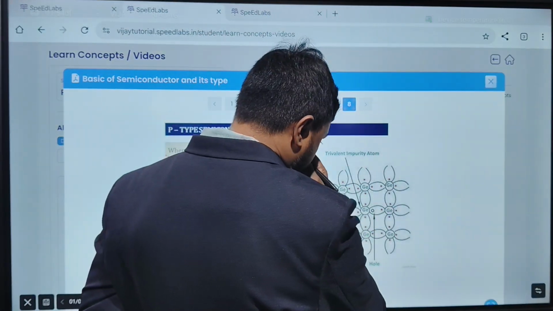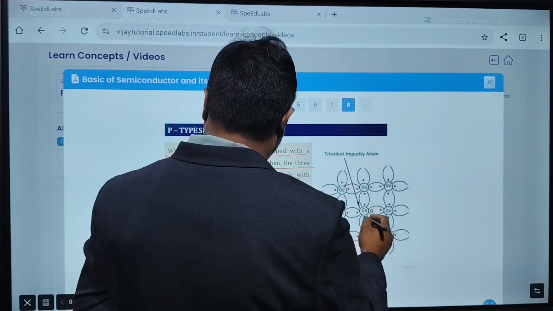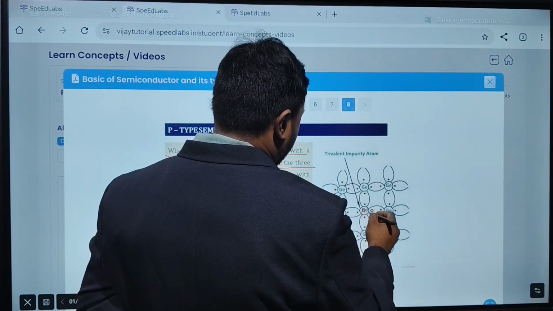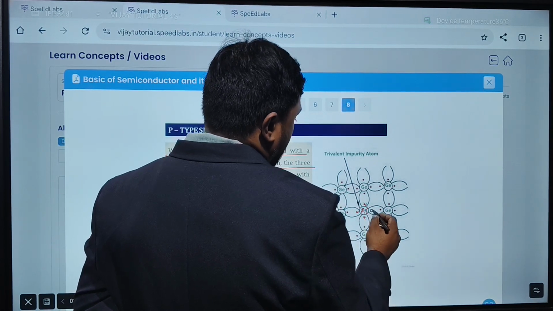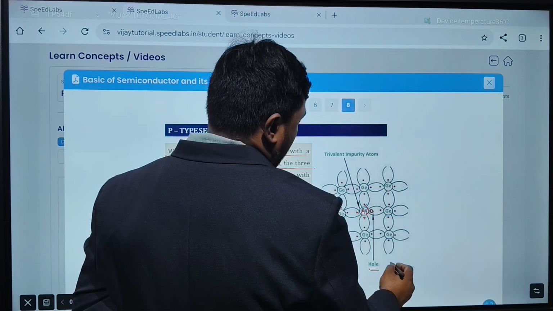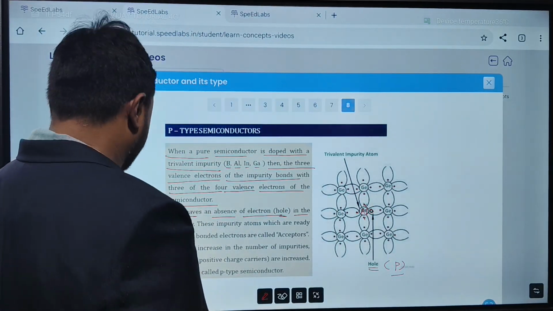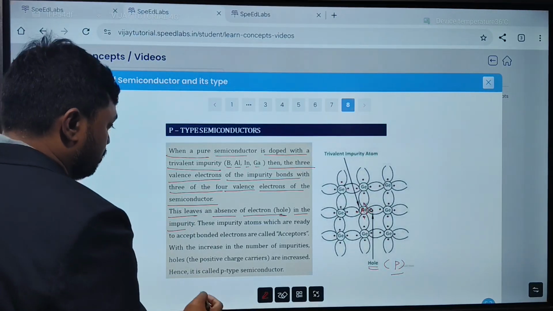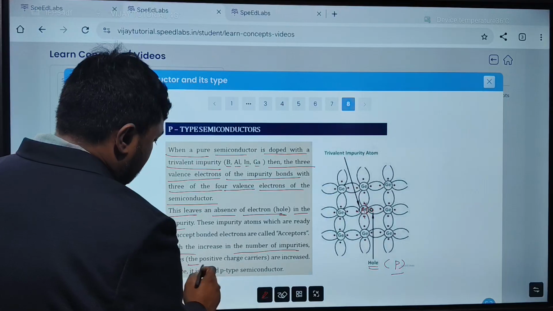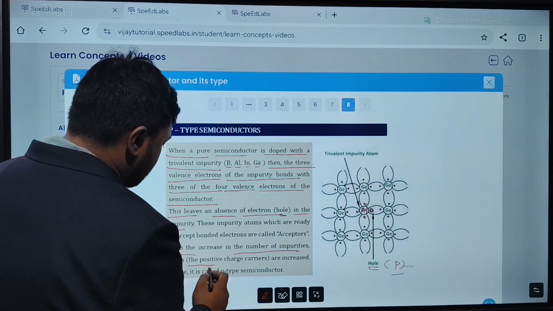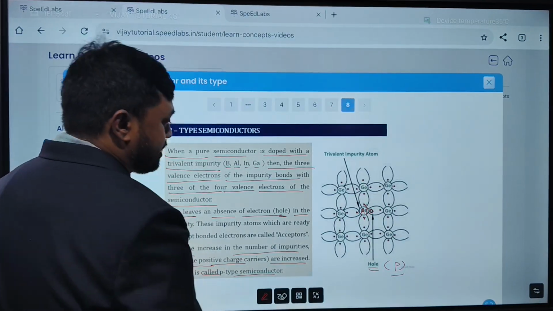Suppose we are doping with aluminum. Aluminum gives 1 electron here, 1 electron here, 1 electron here, and here a hole is generated, and the hole is treated as a positive charge. That's why the p type semiconductor is formed. With an increase in the number of impurities, that is holes, the positive charge carriers are increased, hence it is called a p type semiconductor.